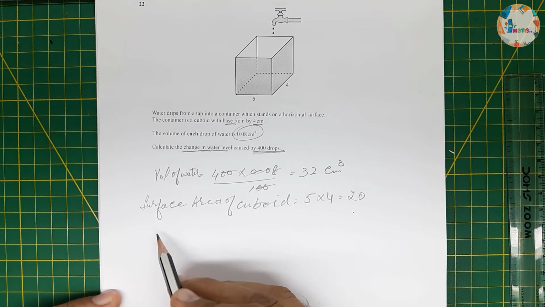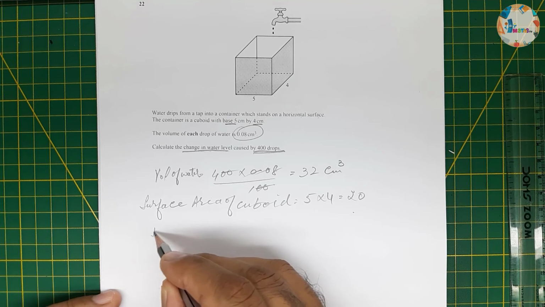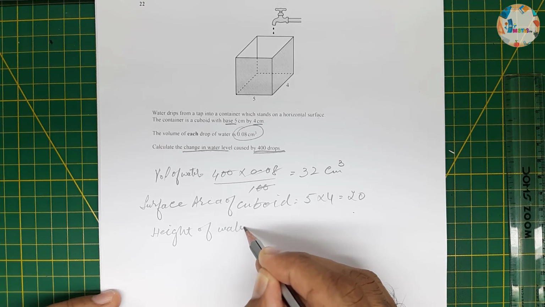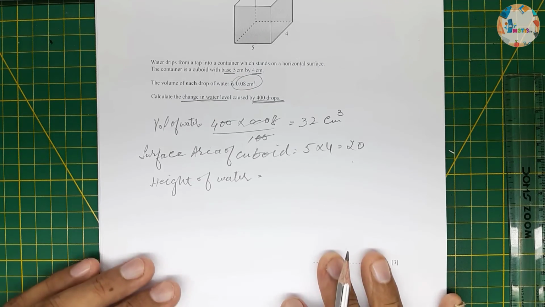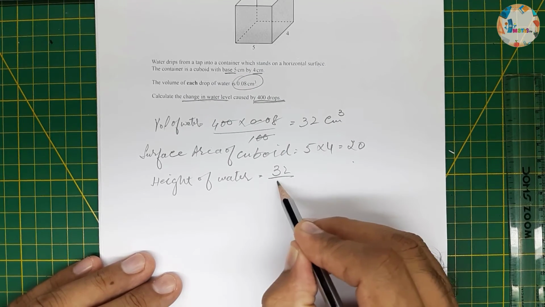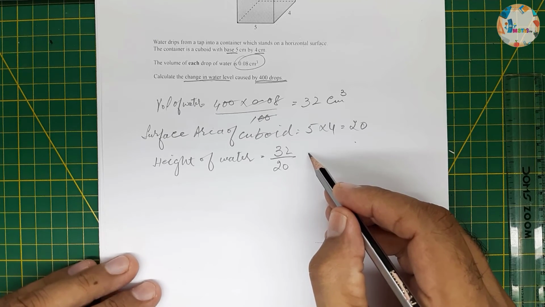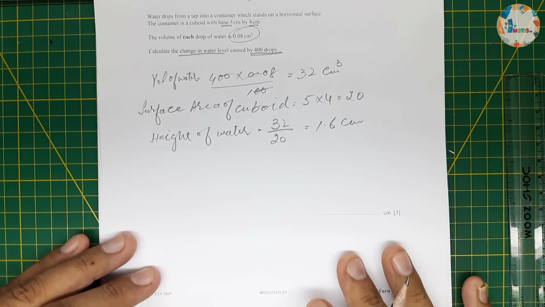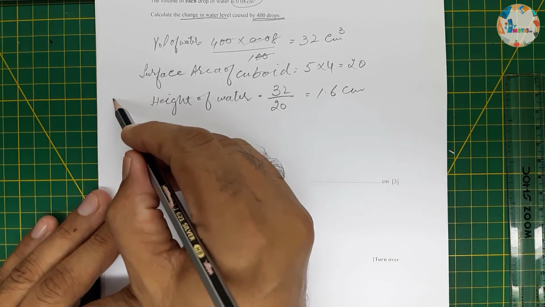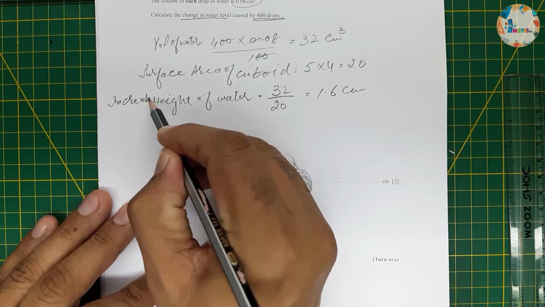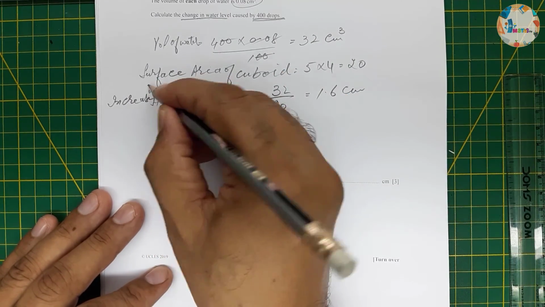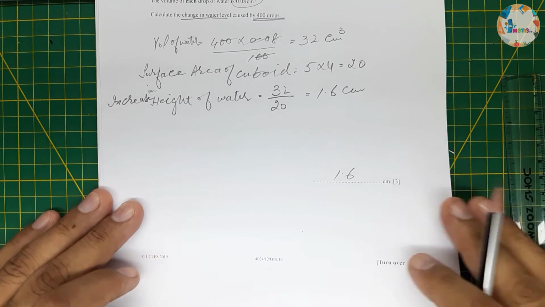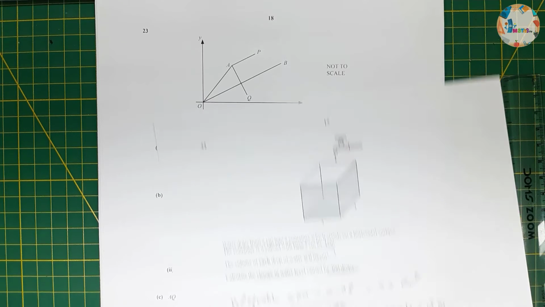So for the height of water, we can divide 32 by 20 and this will be equal to 1.6 centimeters. So the increase in height of water basically will be 1.6 centimeters. This will be our final answer.